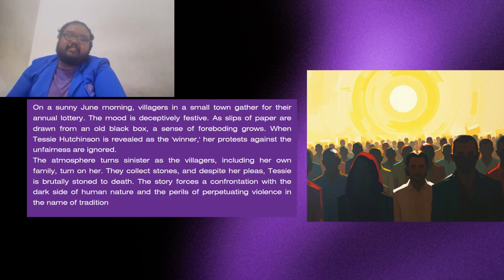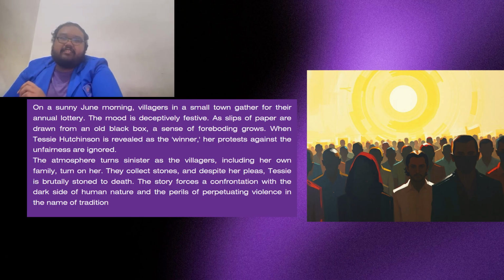A chilling retelling. On a sunny June morning, villagers in a small town gather for their annual lottery. The mood is deceptively festive as slips of paper are drawn from the old black box. A sense of foreboding grows.